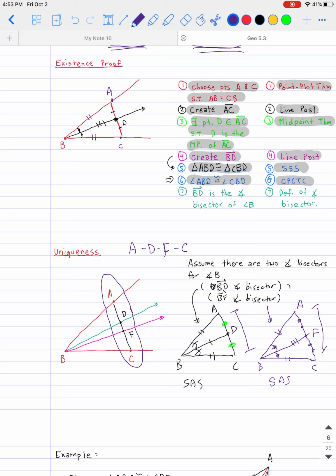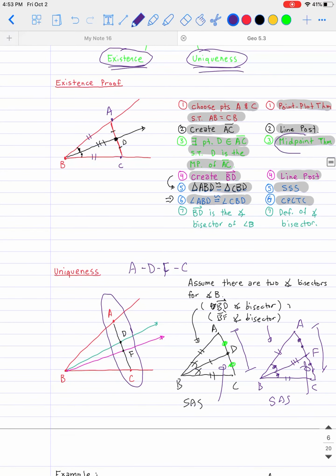According to this one over here, F has to be the midpoint because AF is equal to FC. Well, if D is the midpoint over here and F is the midpoint over here, that right there is a contradiction because remember what the midpoint theorem says? There can only be one midpoint. So right there, that's the part that's not going to make sense because there's a contradiction somewhere along the way. So that is my uniqueness proof.